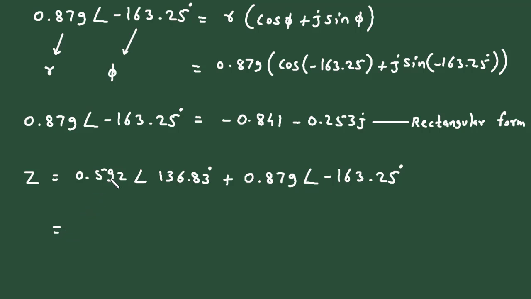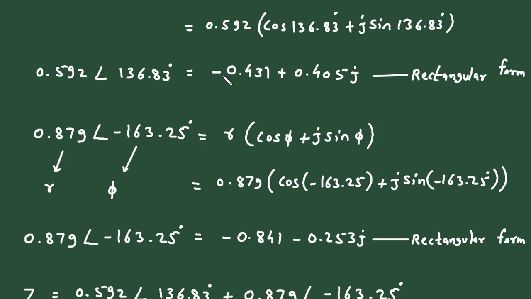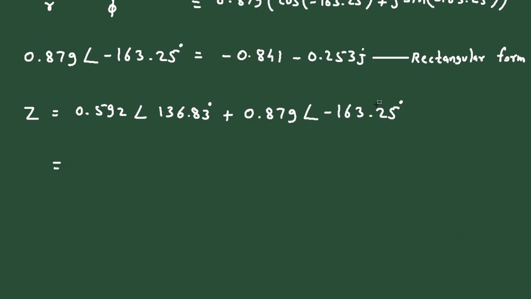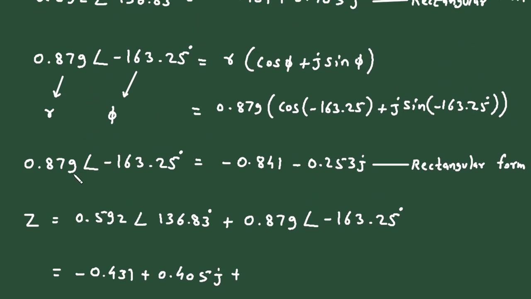The 0.592 angle term can be replaced by its rectangular form, and the 0.879 angle term can be replaced by its rectangular form, in brackets.